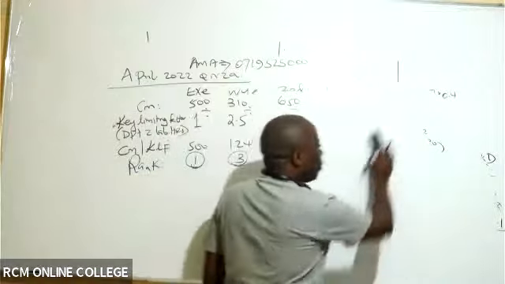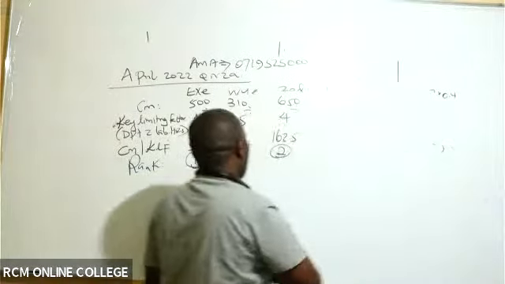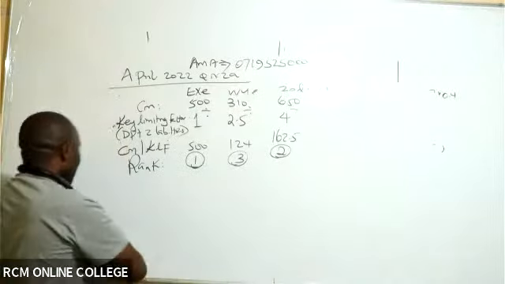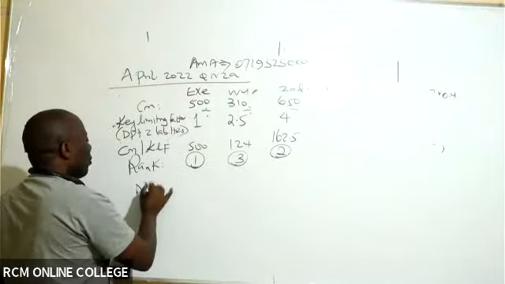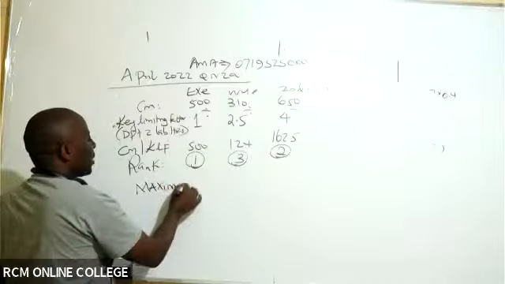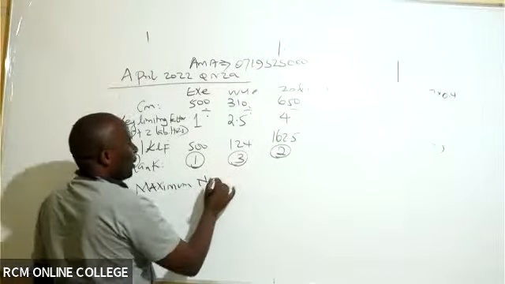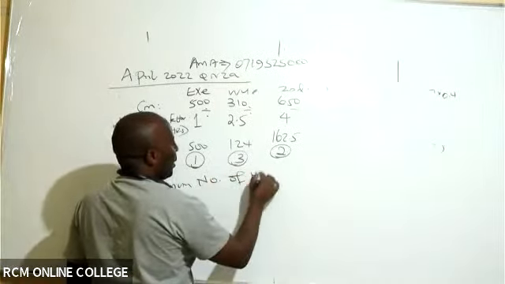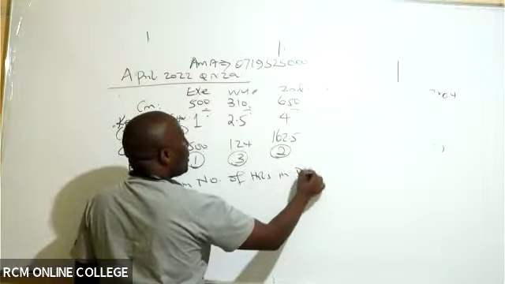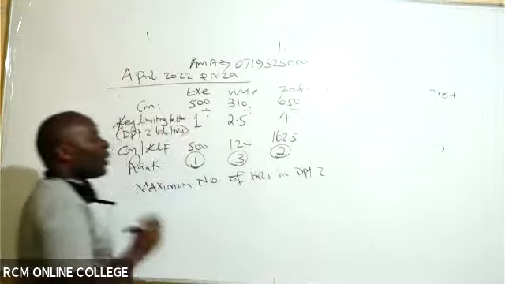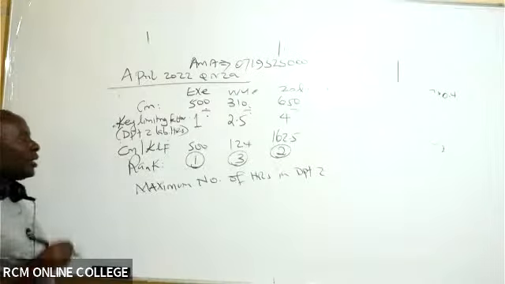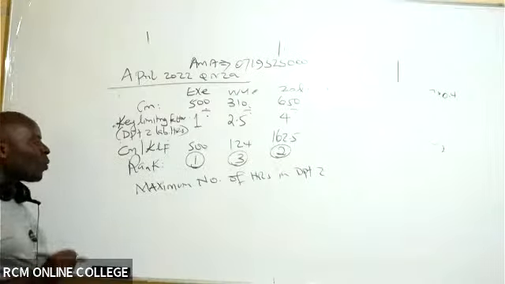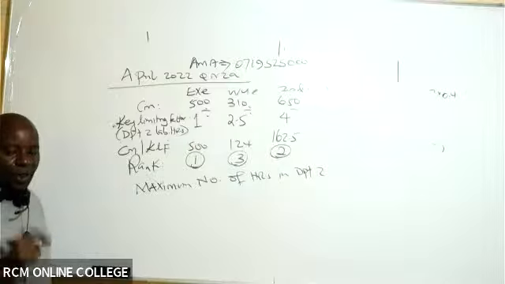But for us to be able to do that, ladies and gentlemen, there is one more step in between. We must know the maximum number of hours in department 2. This really will guide us when we are doing the optimal production schedule.